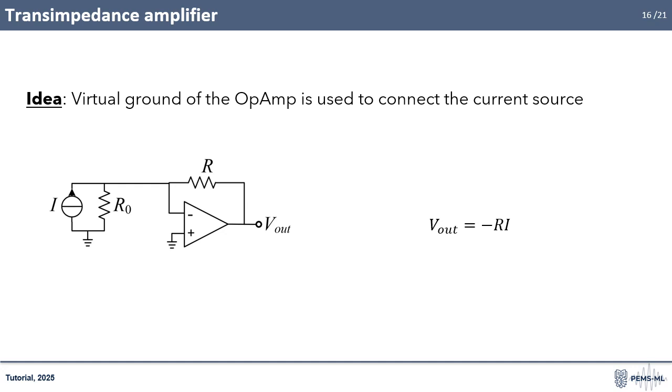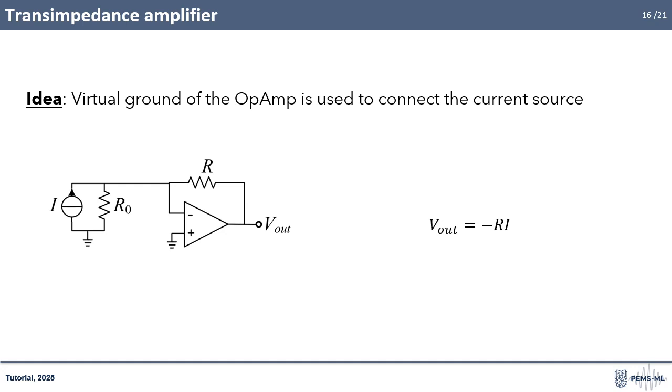On the left, a current source represents a sensor, such as a photodiode, often accompanied by a parallel resistor that models the Norton equivalent circuit of the input transducer. This current is fed directly into the inverting input of an operational amplifier. The non-inverting input is connected to ground, fixing the reference potential.